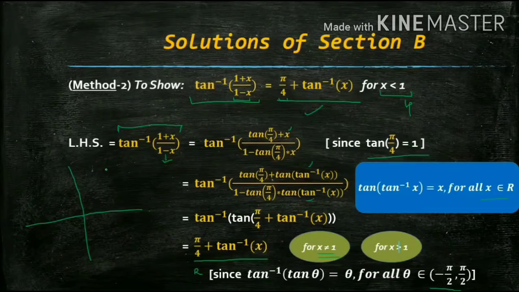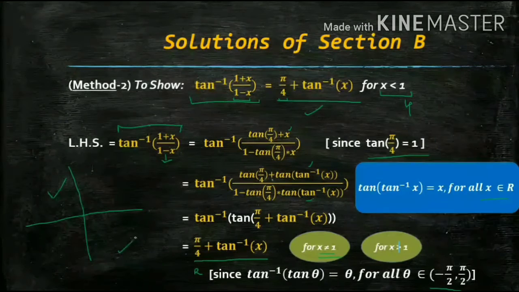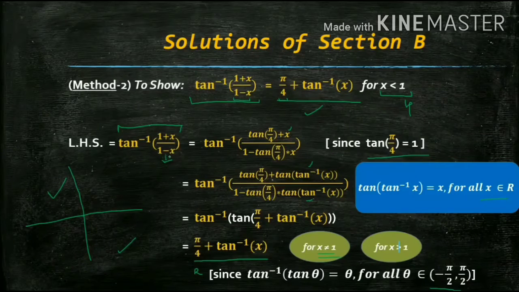Tan is negative in the second and the fourth quadrant. This term, 1 minus x, is negative since x is greater than 1, so this whole term would be negative. So tan inverse of negative: tan is negative in the second and the fourth quadrant, and the principal value lies in first and fourth only. So the common range is the fourth. So the angle would lie in the fourth quadrant only.